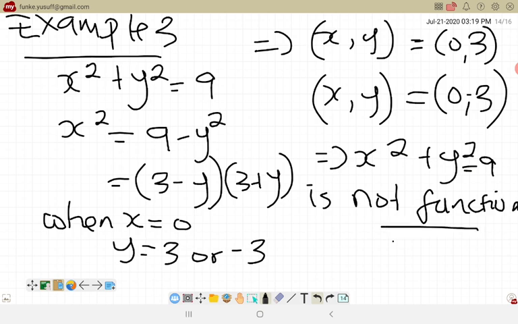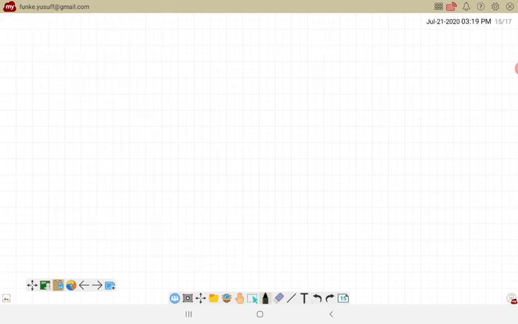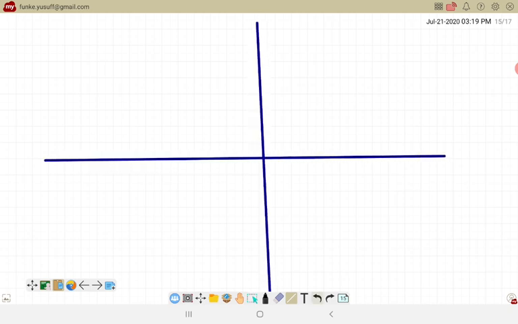So how do you know that? If you draw the graph of that equation, this is what you are going to have.